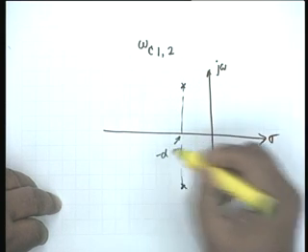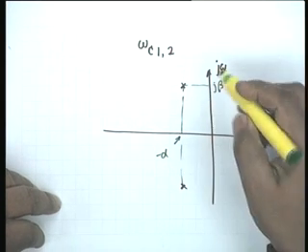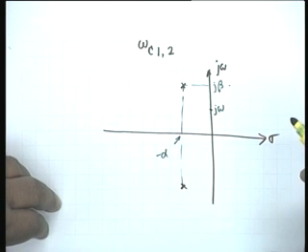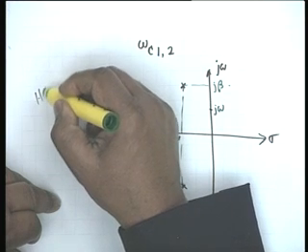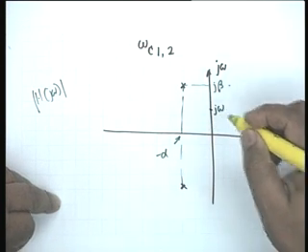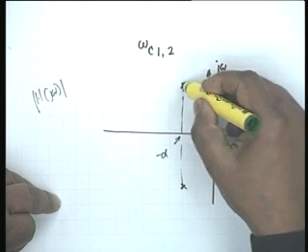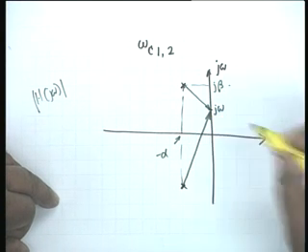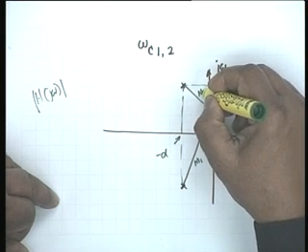This is minus alpha, and this is j beta. Let us consider an arbitrary frequency j omega. We want to find out the magnitude at this frequency, that is, the magnitude of H of j omega. Then, by the graphical construction, we construct a vector from the pole to j omega and a vector from the other pole to j omega. Let us call these M1 and M2.